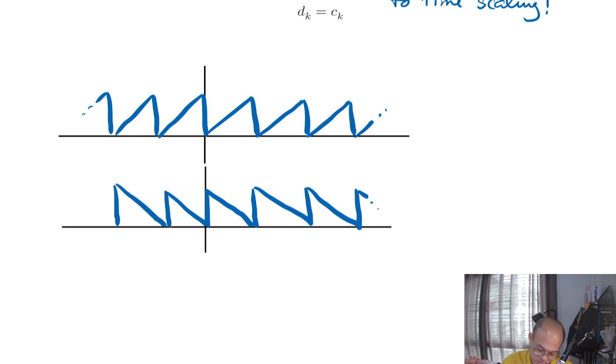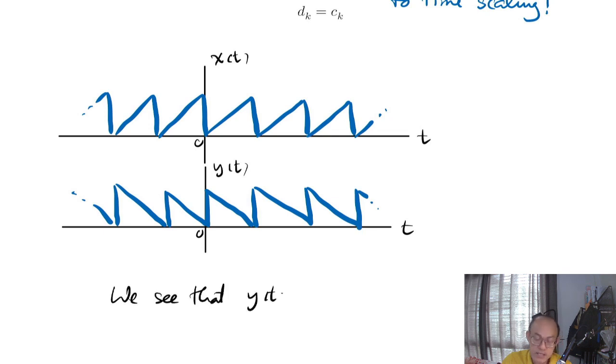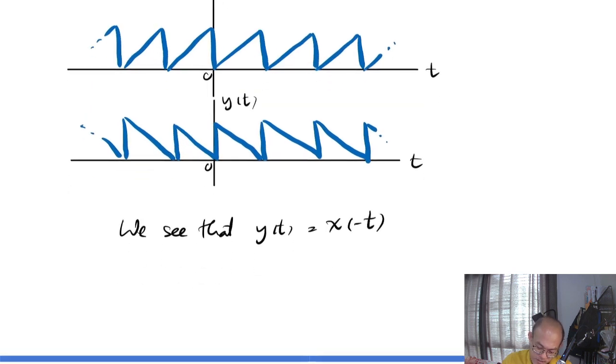This is a time reversal. This is xt and this is yt. So we see that yt is x of minus t.